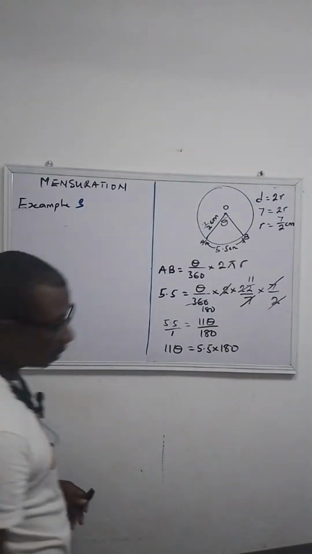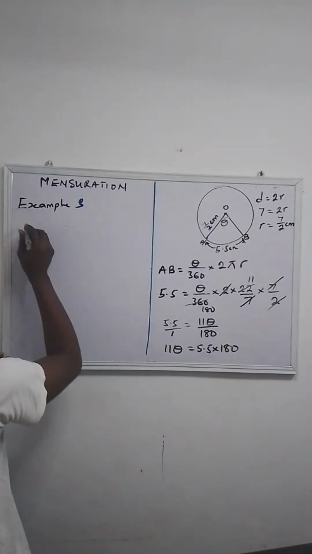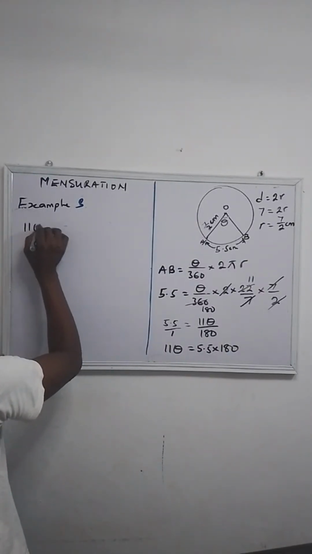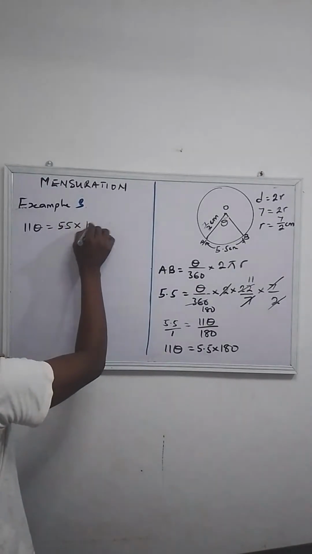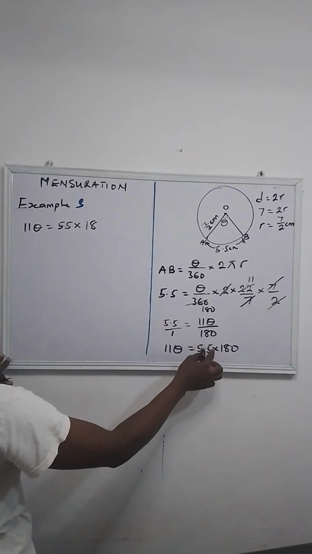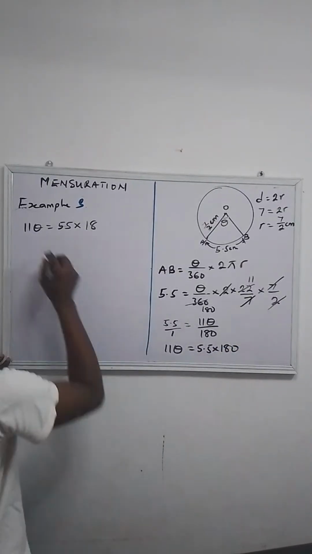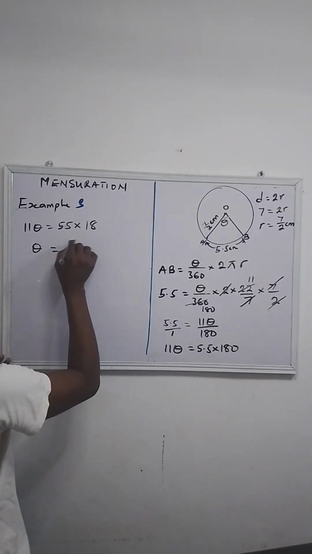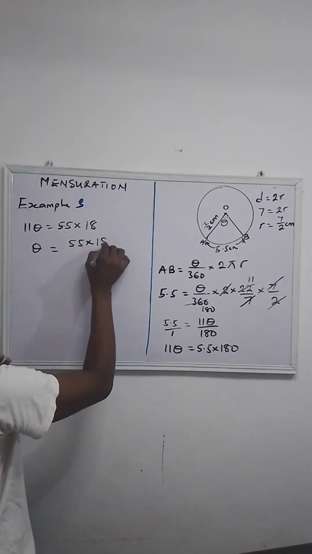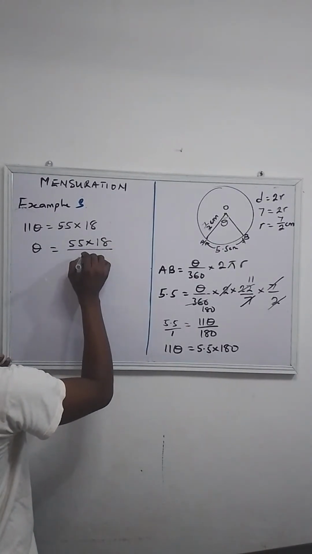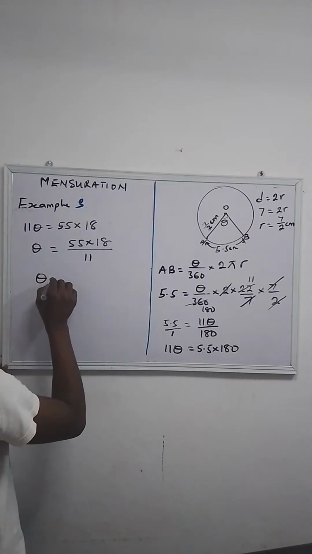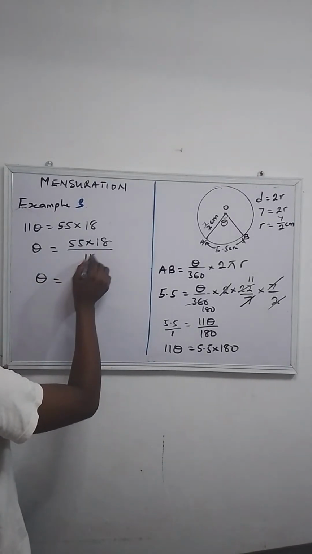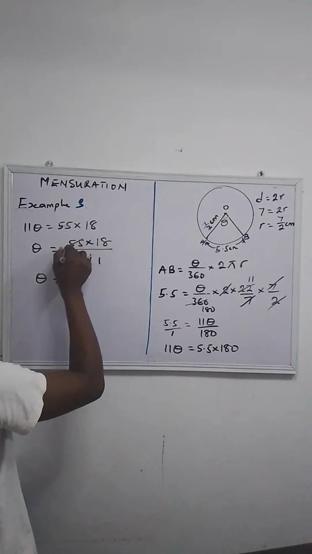Okay, so now this is the same thing as 11 theta equals 55 times 18. All right, once you move the point to the back, so this 0 leaves, we have theta equals 55 times 18 over 11. You divide both sides by 11. So we have theta equals, now 11 goes into 11 once, 11 goes into 55 five times.